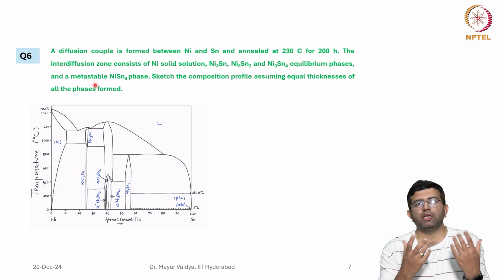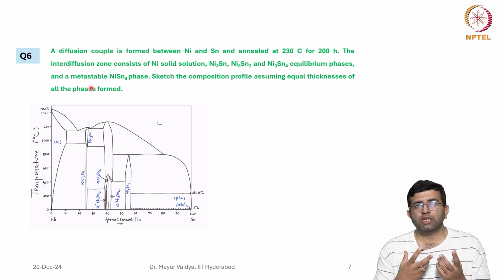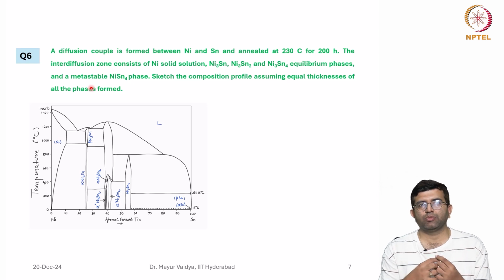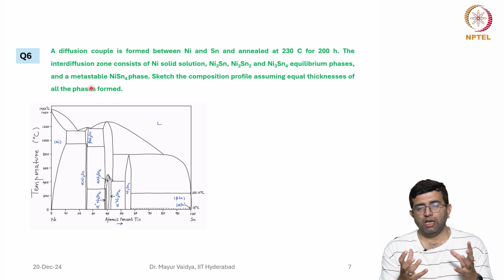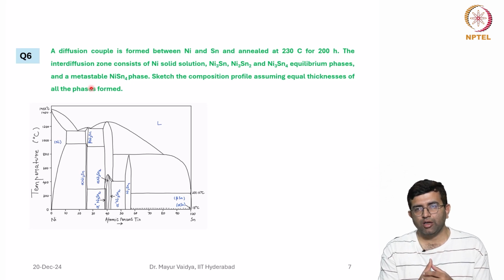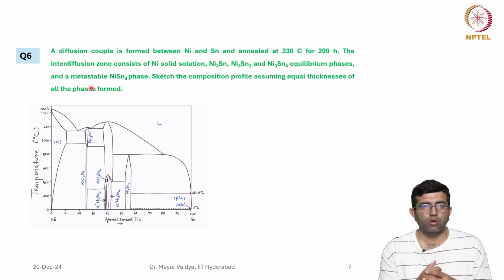This again is a very useful application of the diffusion couple or the interdiffusion technique, where such metastable phases, if they are properly analyzed, their structures and all, you can get the information about them through diffusion couple experiments. So it need not be the case that all the equilibrium phases are present in the interdiffusion zone. Sometimes you can get certain metastable phases which are formed because kinetically it is easier to form.